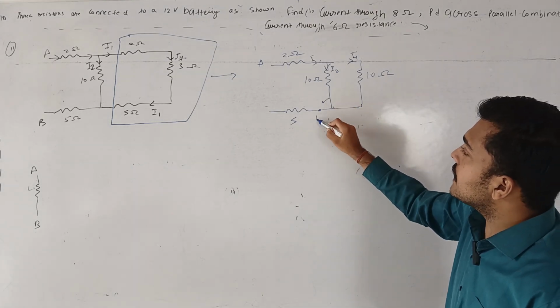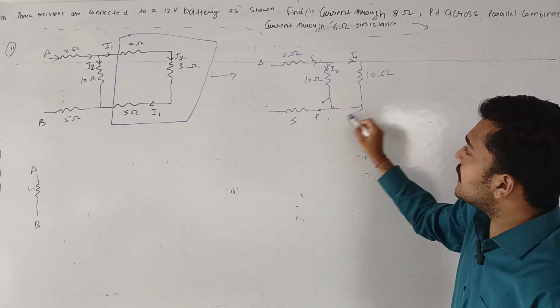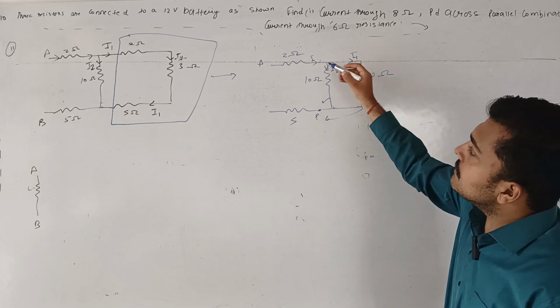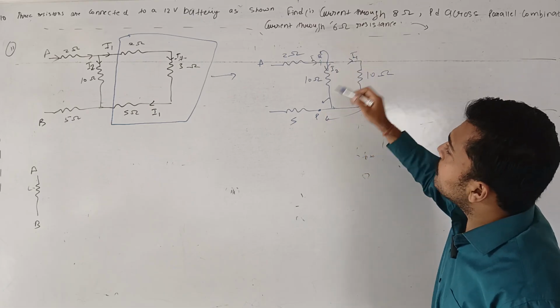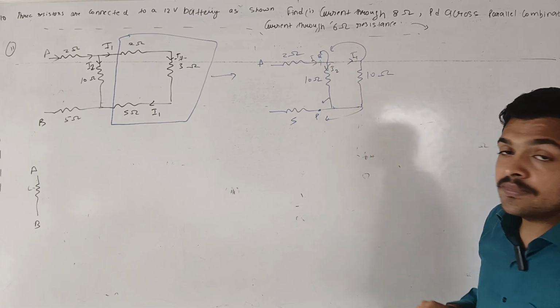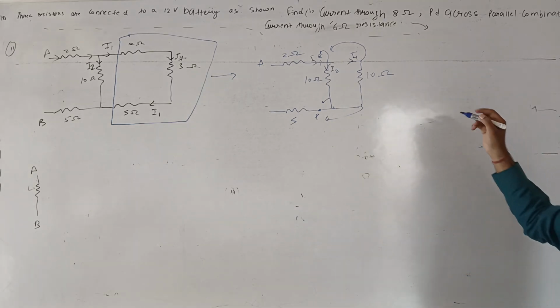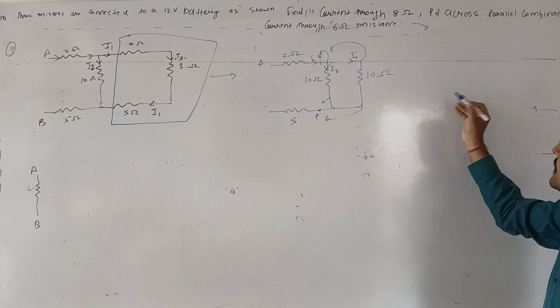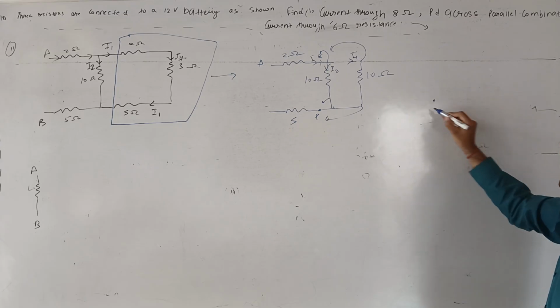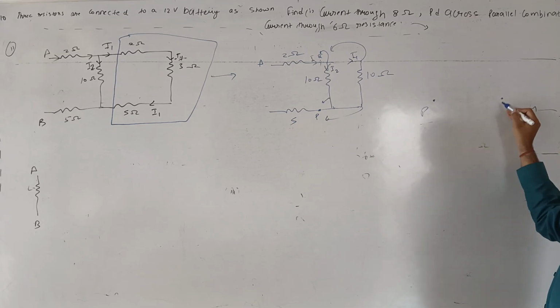This end is connected with point P, and this end is also connected with point P. Similarly here, both ends are connected to point Q. So here you have to see one thing. This is point P and this is point Q.